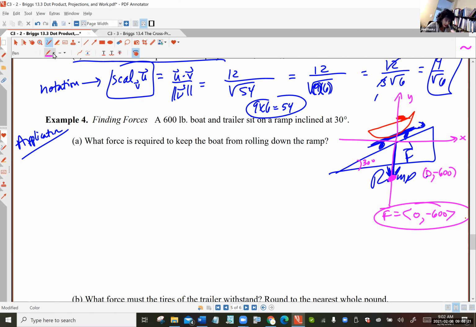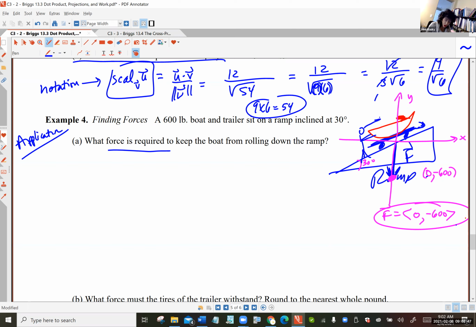So what do they want us to get? Listen up, because this is going to be on a test. What force is required to keep the boat from rolling down the ramp? Let's say you were standing here and pushing against the boat and the trailer because you didn't want it to roll down the ramp and hurt something.